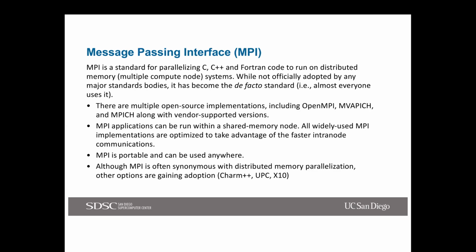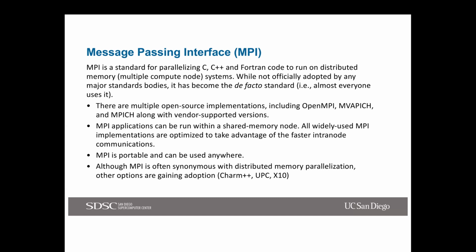When it comes to the canonical example of a distributed memory programming framework, it is the Message Passing Interface. Most applications that implement a distributed memory model for their parallelization use MPI.